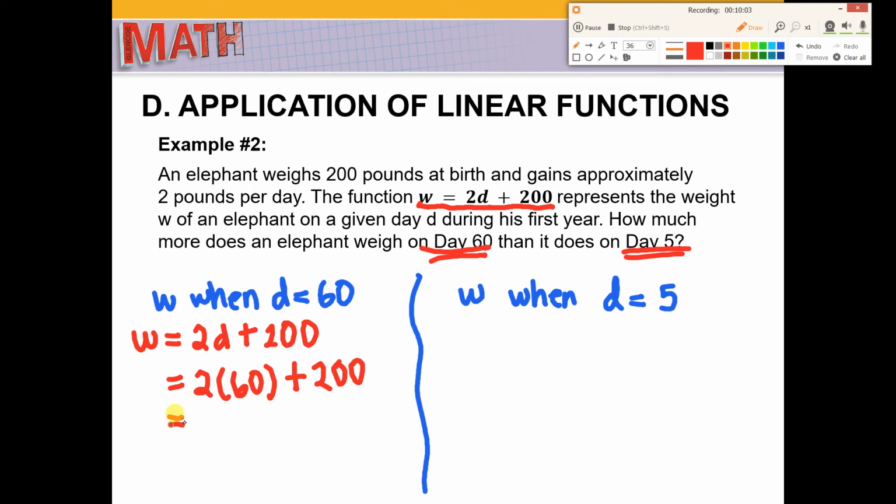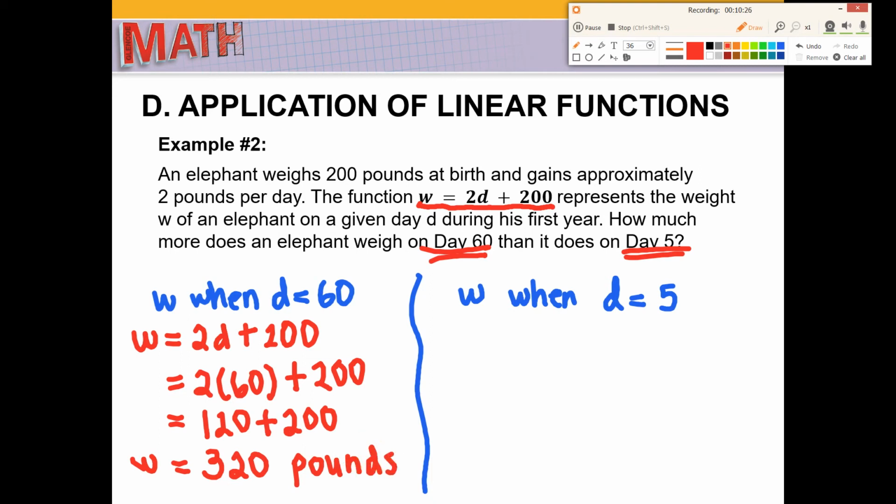When I simplify this, I will have 120 plus 200. And then the final answer would be 320. So the actual weight of the elephant after 60 days would be 320 pounds. This is after 60 days.